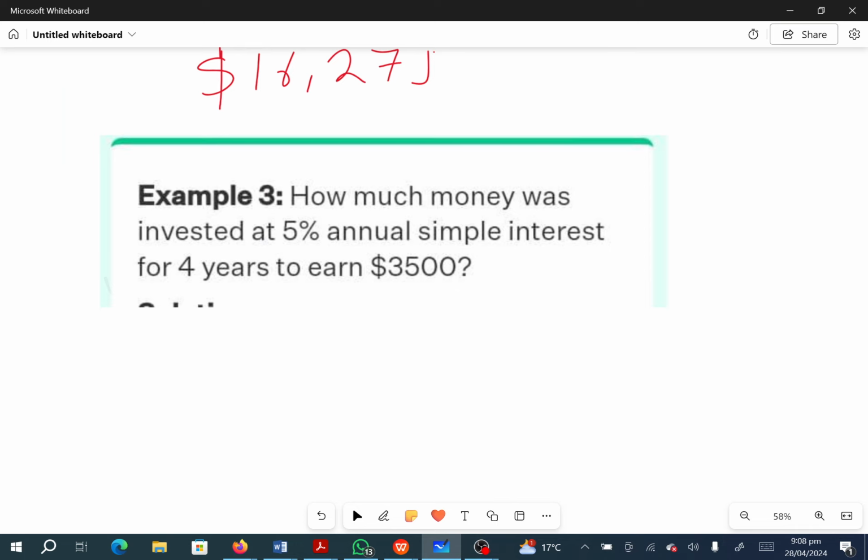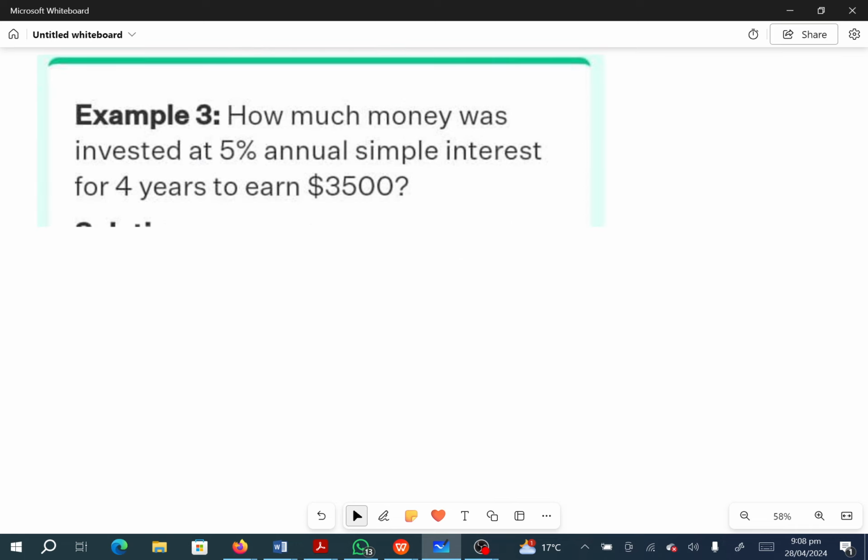Okay, you make progress. So example 3, we are considering a hypothetical situation. We are told that a person invested some money at 5% per annum using simple interest for a period of 5 years to earn 3,500.